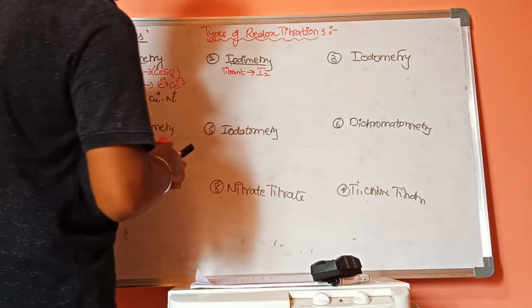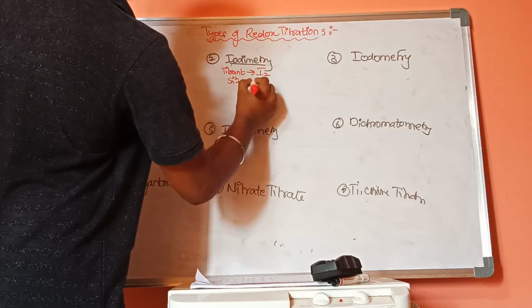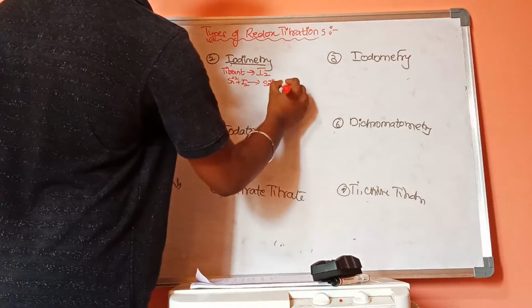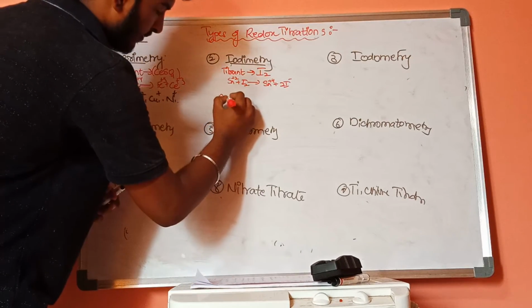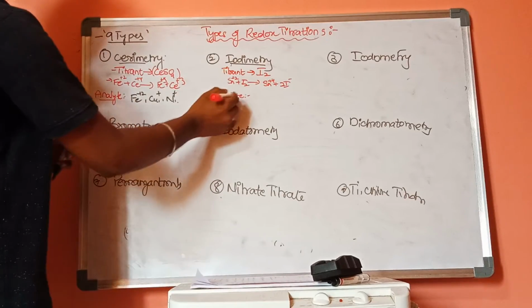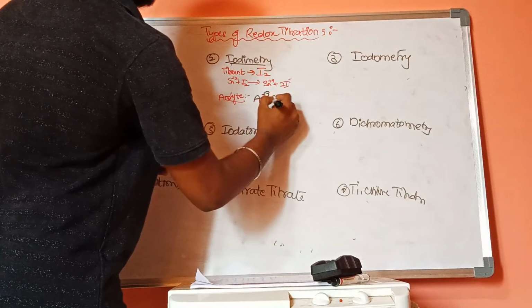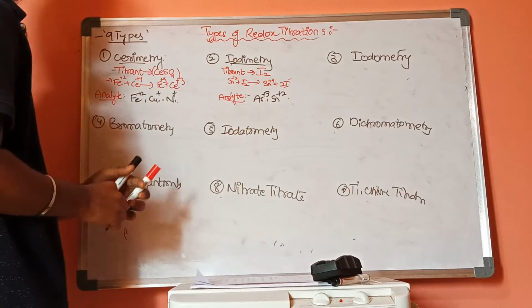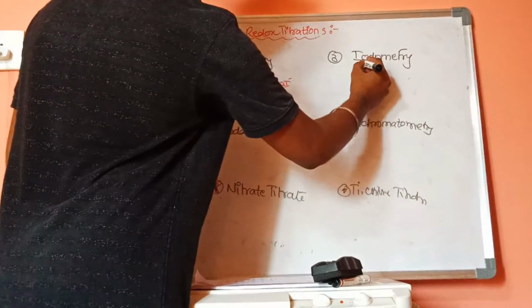Let us consider the reaction: Sn2+ plus I2 gives Sn4+ plus 2 I-. The analytes used are arsenic(III) and tin Sn2+. This is about iodimetry.